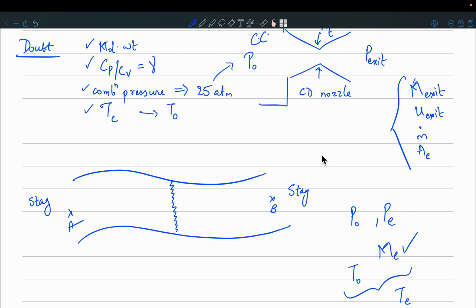Okay, so I think what you're not understanding is why we are taking this combustion chamber pressure as stagnation. Because see, in the combustion chamber we assume that there is no flow. So let us say there was some flow, then what would be stagnation? When you bring that flow to zero, right?